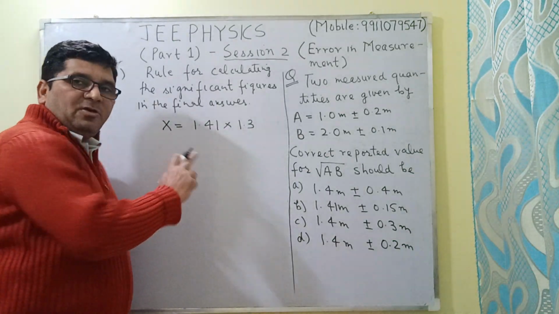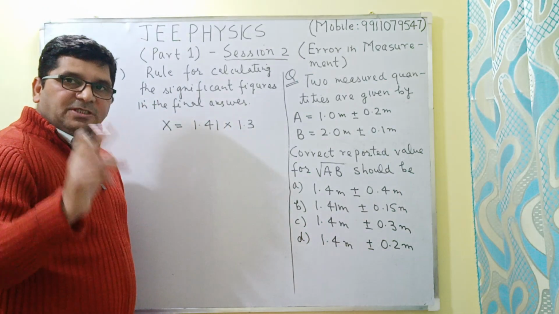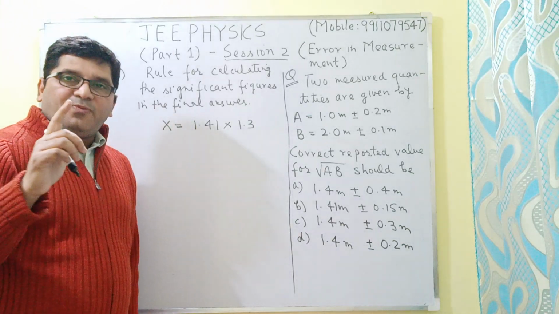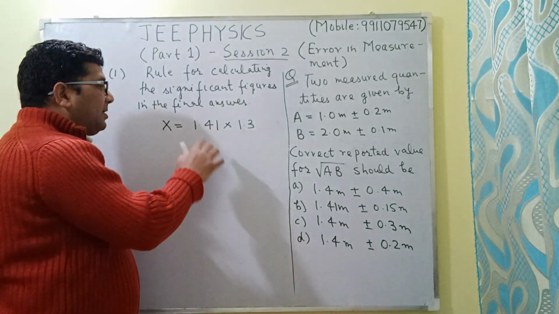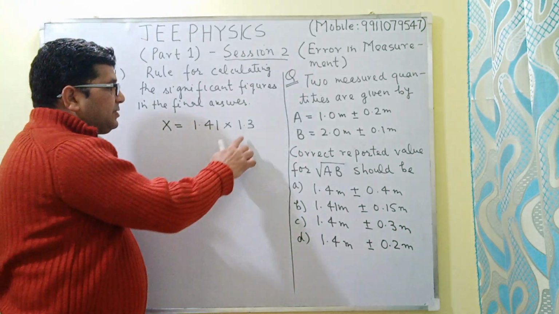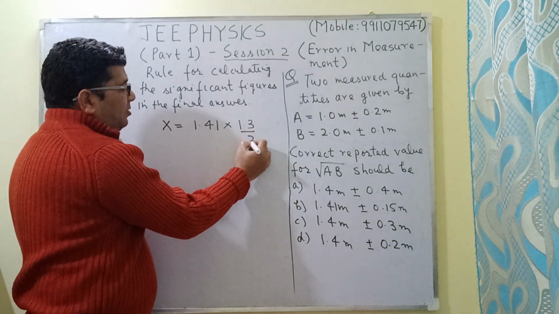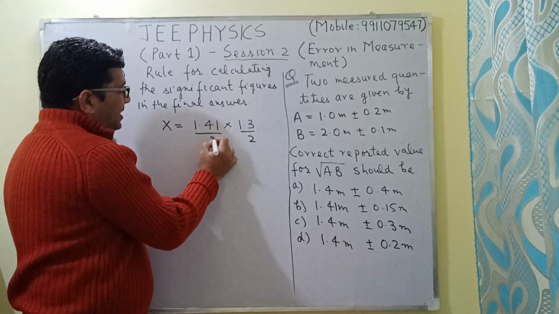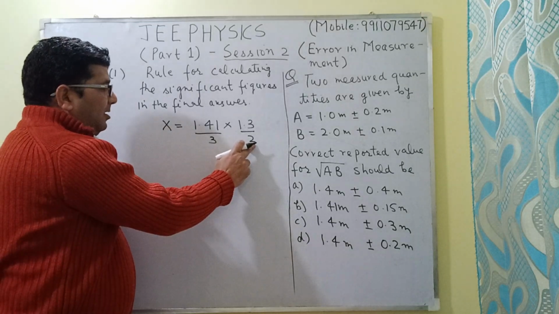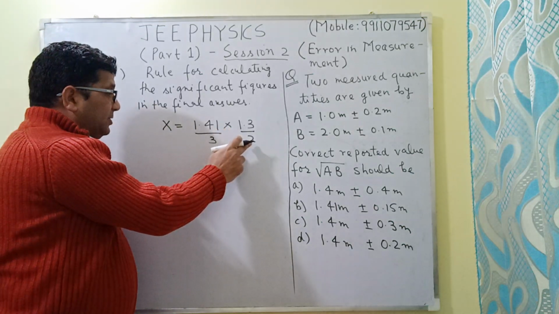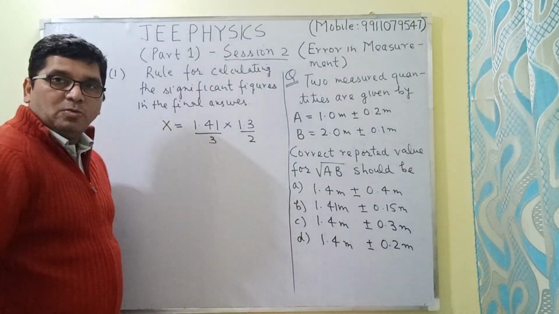So this final answer will contain only 2 significant digits. That is, as per the definition, the final answer should retain as many significant figures as there are in the number containing the least significant digits. So in the final answer we will be having only 2 significant digits as per this rule.